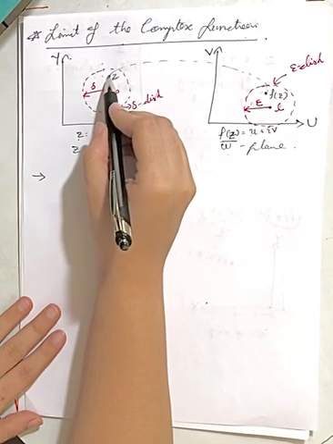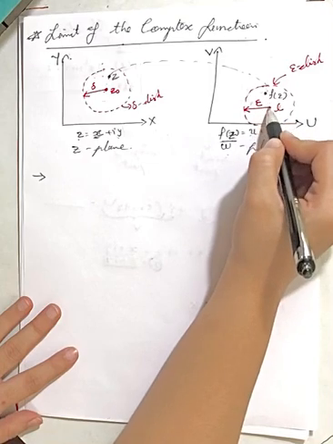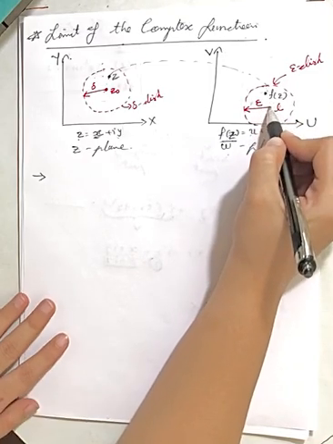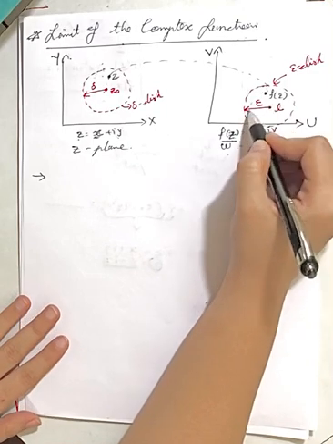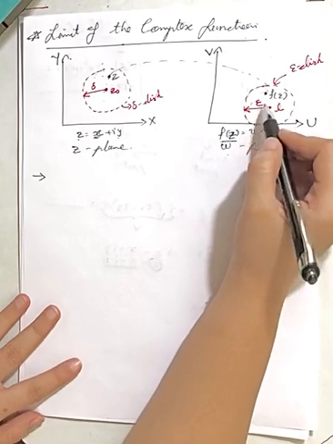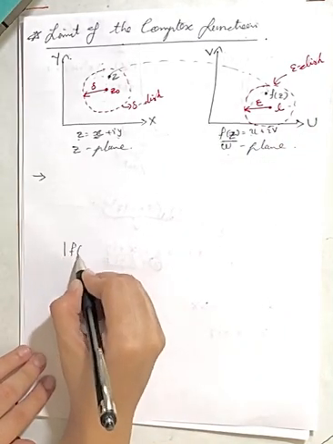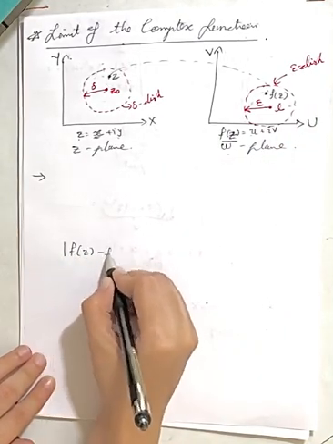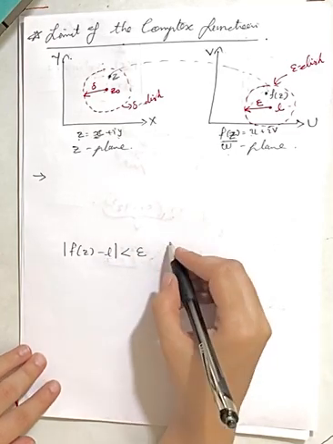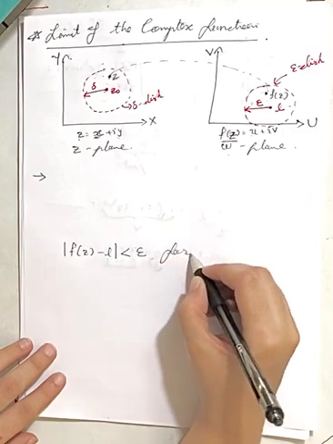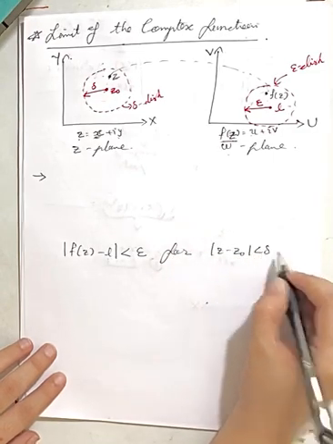So as z approaches z0, f of z will also tend to the limit L. But when will that happen? For every epsilon, it will happen only when the modulus of f of z minus L is less than epsilon for modulus of z minus z0 less than delta.